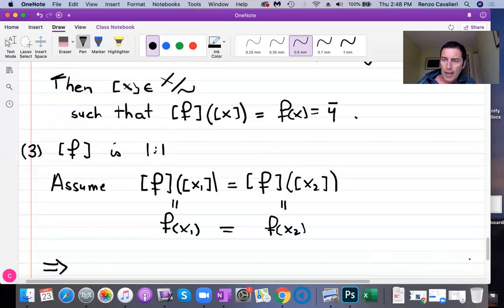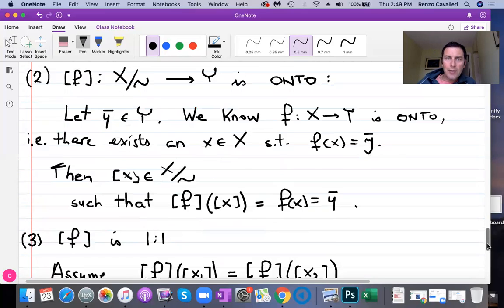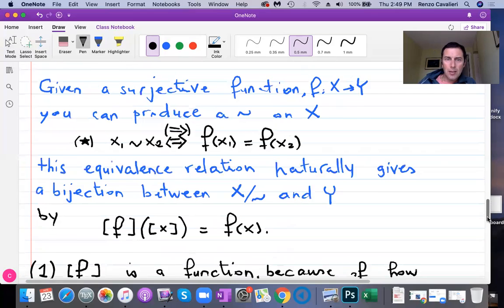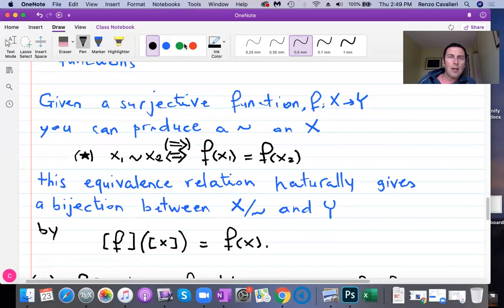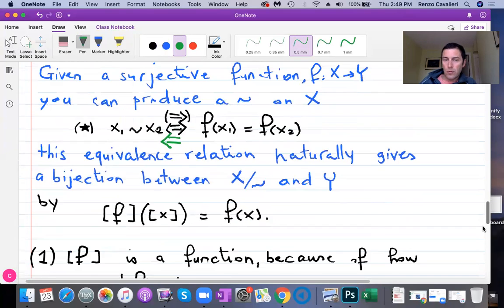And so again, let's go back and look at the definition of our equivalence relation. If we have an if and only if here, so in particular, if f of x1, we now use the leftward direction. If f of x1 is equal to f of x2, then x1 is equivalent to x2.